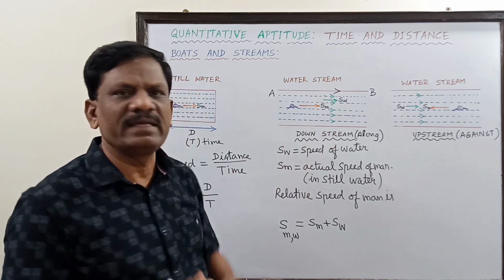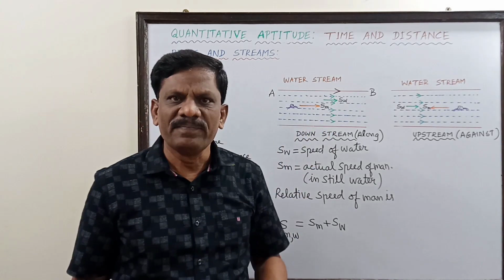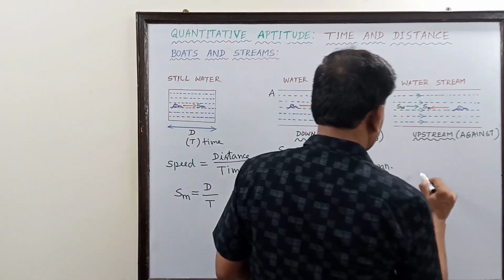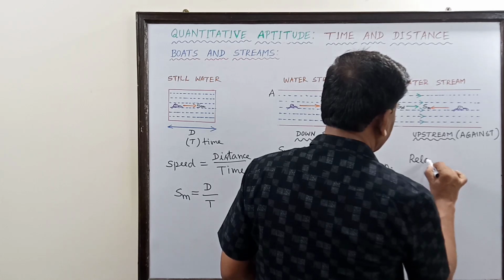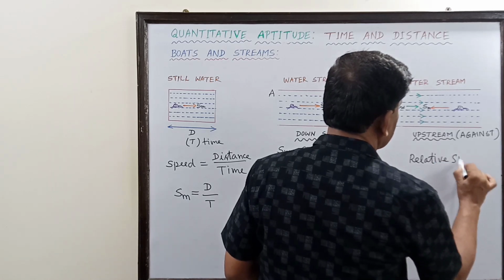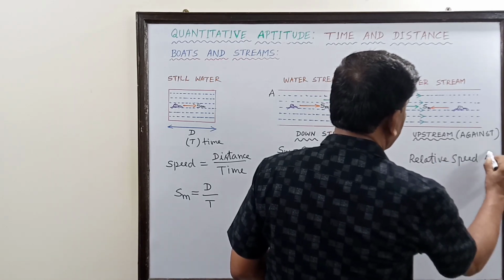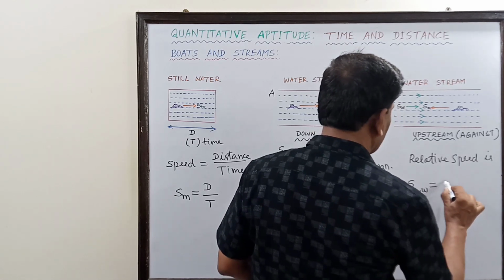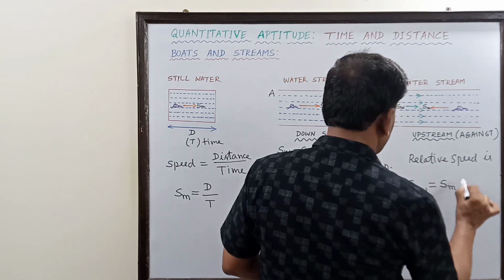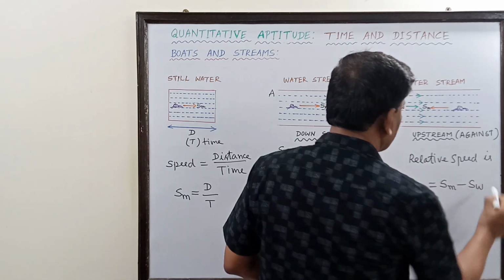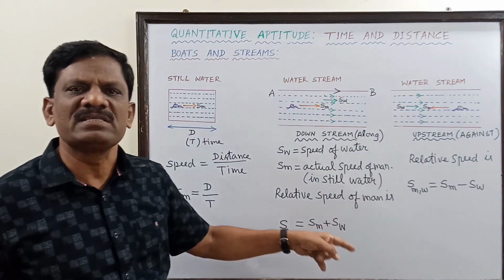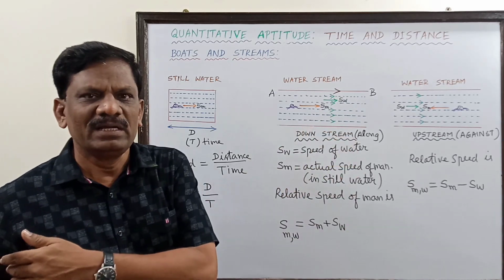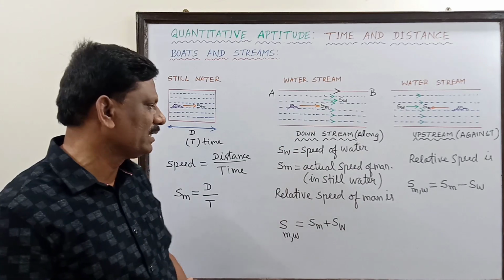So in this case also there is a relative motion between the man and the water. Here the relative speed of the man, Sm with respect to water, is equal to the speed of the man minus the speed of water. In upstream his speed will be reduced, is it not? Because water is opposing him. He is going against the direction of water.